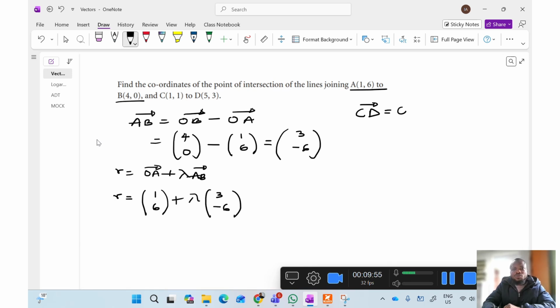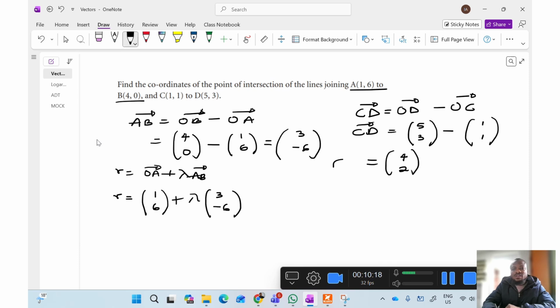CD will be equal to OD minus OC, as explained in the previous session. So CD will be equal to OD, which is 5, 3, minus OC, which is 1, 1. So this is 5 minus 1, 4, and 3 minus 1, 2. So this is CD.